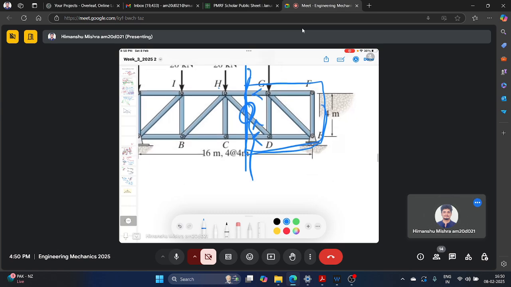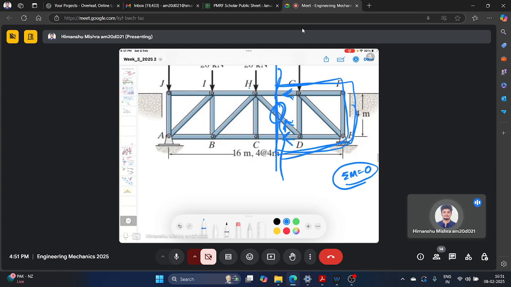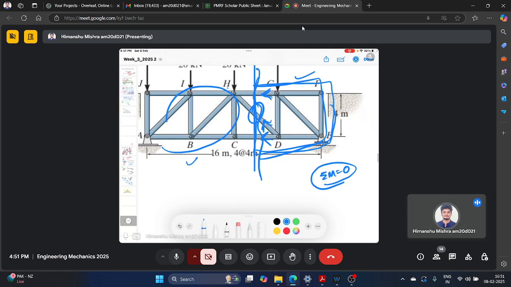This time we will be using the moment equation, summation of moments, to calculate these unknown forces. We can take this moment for this part only. We don't need to concern ourselves about this part, or if you want to consider this part then you have to remove this part. So it's your choice. So basically this is what the method of sections is.